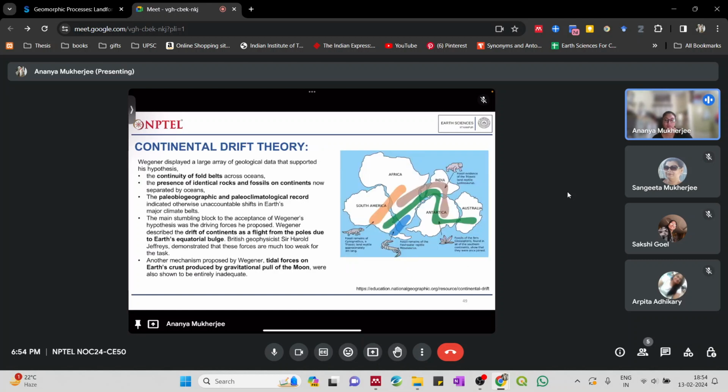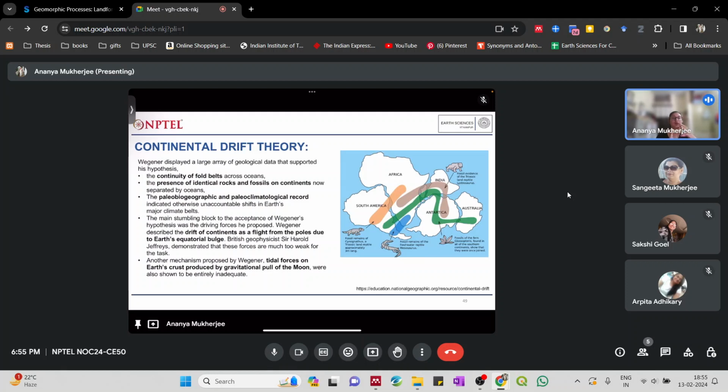So, these were some of the geological evidences that supported the continental drift theory, where they found that mountain chains or fold mountains continued from one continent across to another continent.